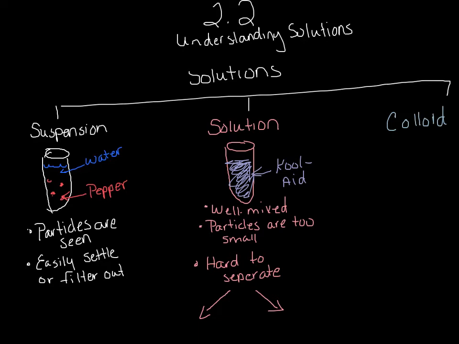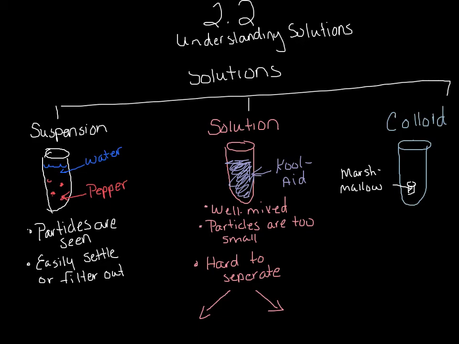So then we have our colloid, and our example of a colloid in our test tubes was a marshmallow. So we'll put our little marshmallow in here. Okay, and when we think about marshmallows, fog is a good example, Jello, mayonnaise, milk.